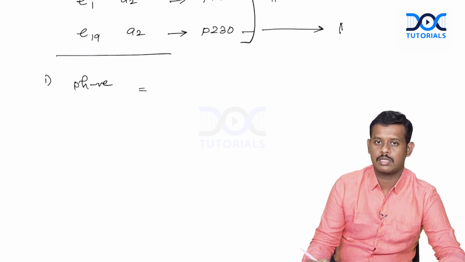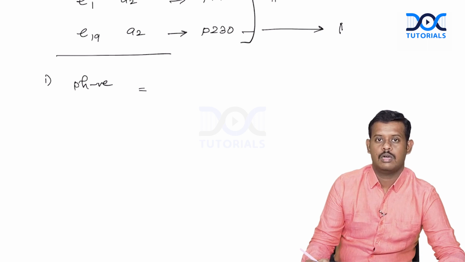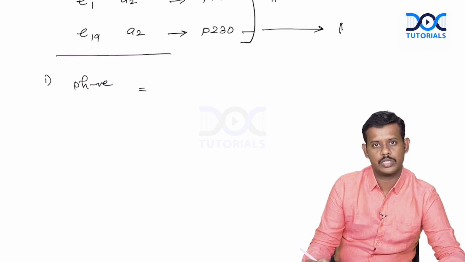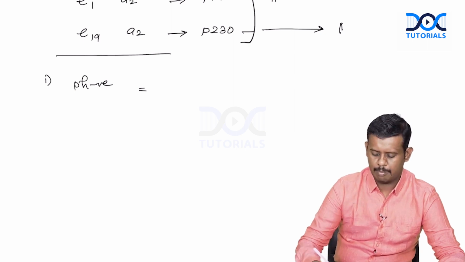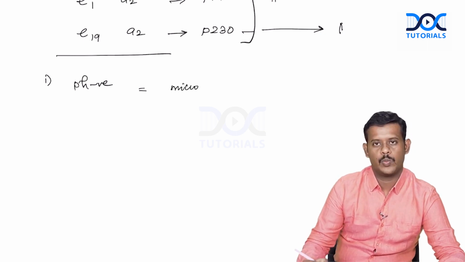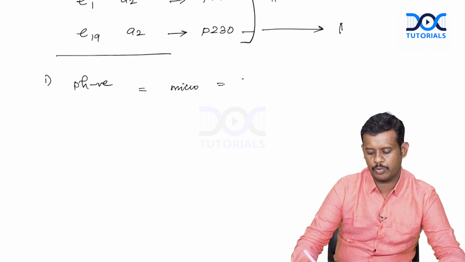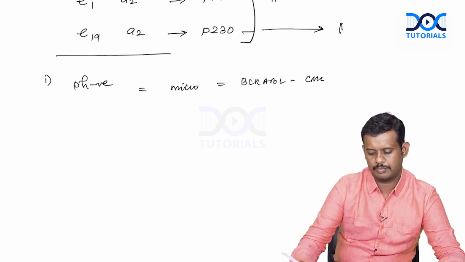But still, there is a translocation at the microscopic level, which is enough to give rise to the BCR-ABL hybrid, giving rise to CML.